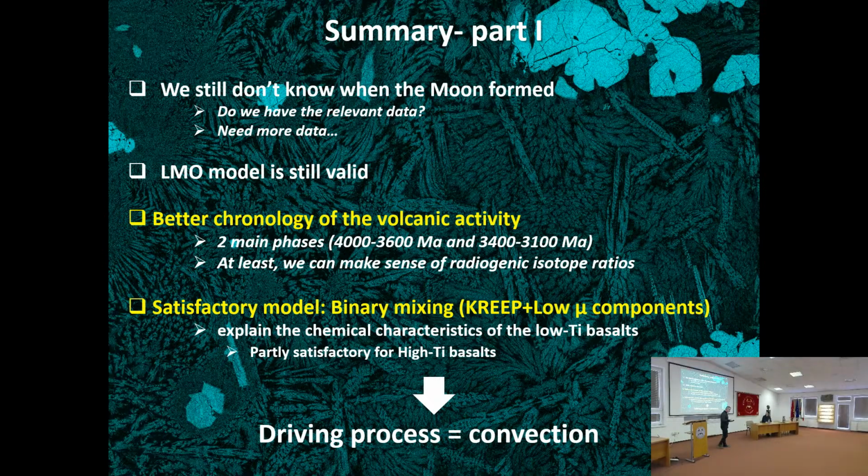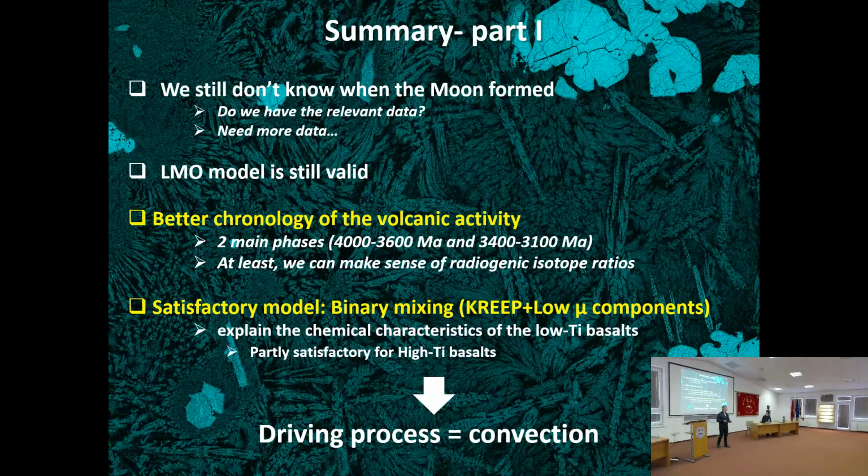So at this stage, we can already summarize a few things. The first one, I told you, we still don't know when the moon formed. Perhaps we don't have the data. Perhaps we need more data. So far, we still don't know.